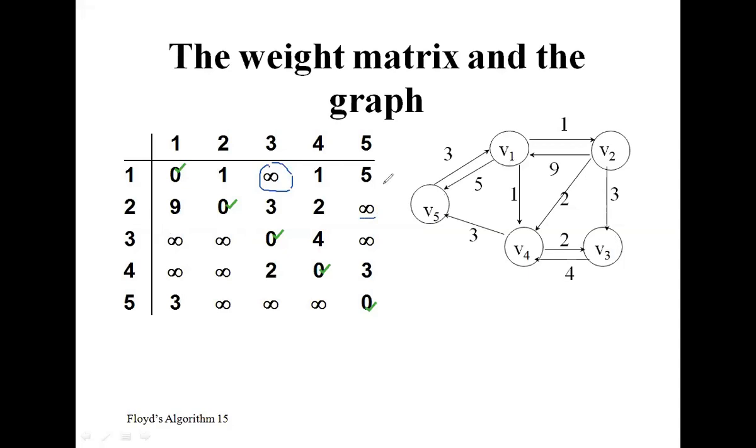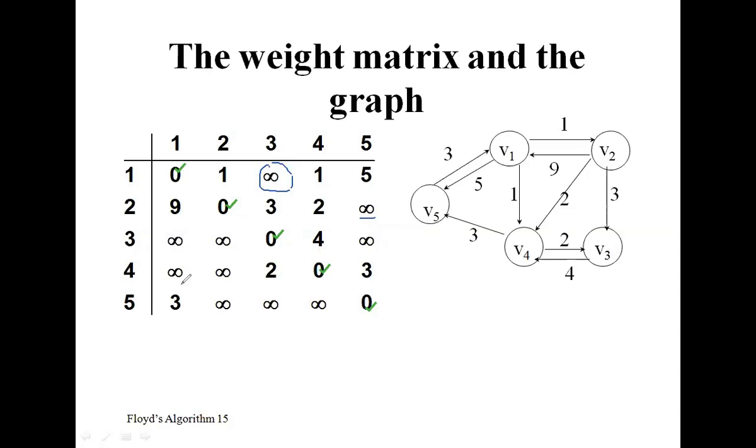Vertex 3 to 1, there is no direct edge, so infinity. 3 to 2, infinity, no direct edge. 3 to 4, there is an edge with 4, so 4. 3 to 5, no direct edge, infinity.